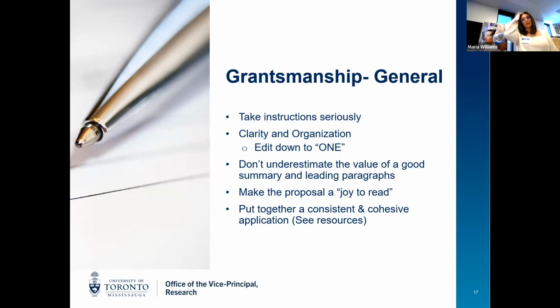Firstly, the first thing I want to say that's really important is to take the instructions seriously. That's basically my job, to make sure that you've fulfilled all the requirements of that grant or application, and it should be something that you should be doing as well. For any grant, any award, any scholarship that you're applying for, they have some sort of list of criteria that you need to fill, some sort of requirement that you need to speak to.